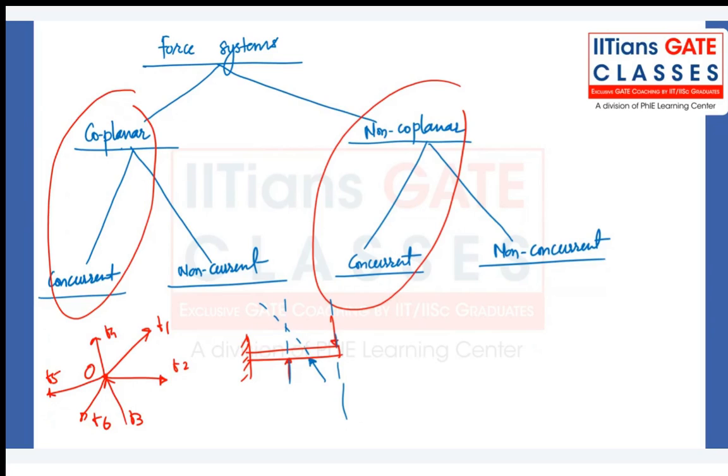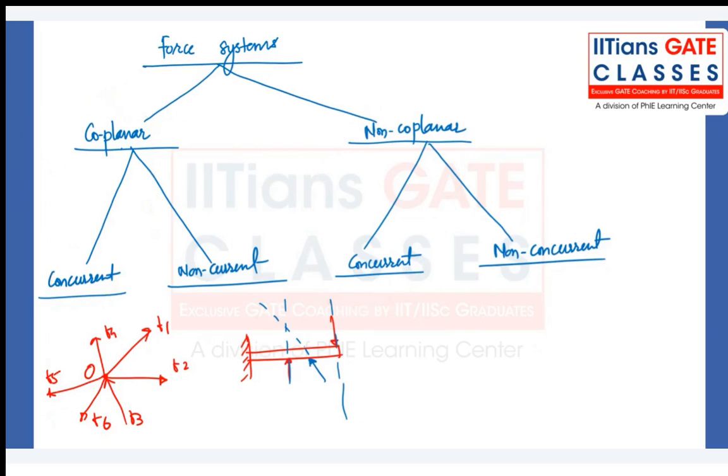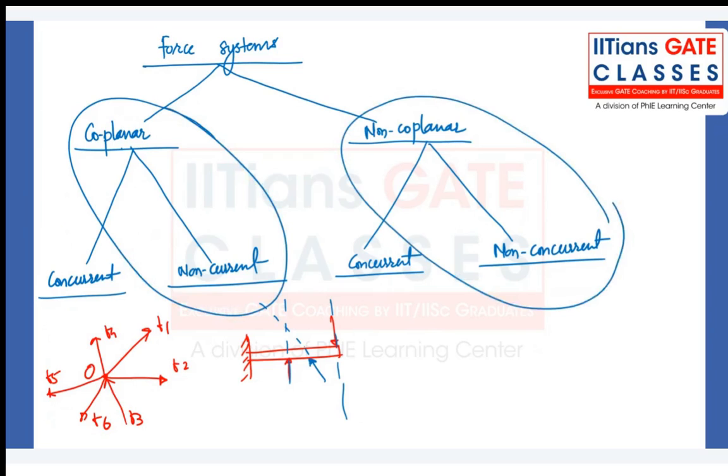This is possible in both coplanar and non-coplanar. So you may have a coplanar non-concurrent force system or a non-coplanar non-concurrent force system. These are four different force systems: coplanar concurrent, coplanar non-concurrent, non-coplanar concurrent, non-coplanar non-concurrent.